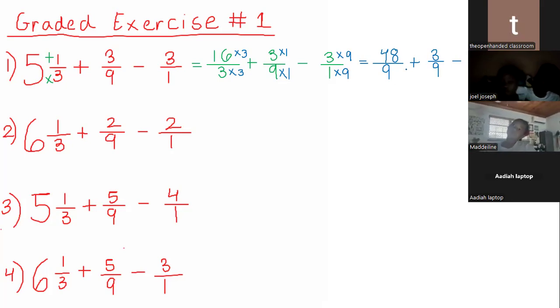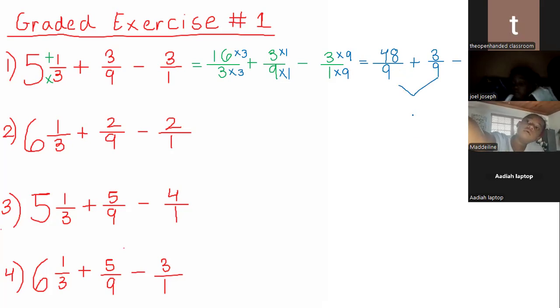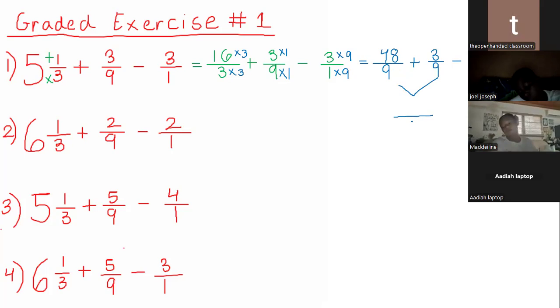Now we're going to do 48 plus 3 over 9. It's 48 over 9 plus 3 over 9, which is 51 over 9.